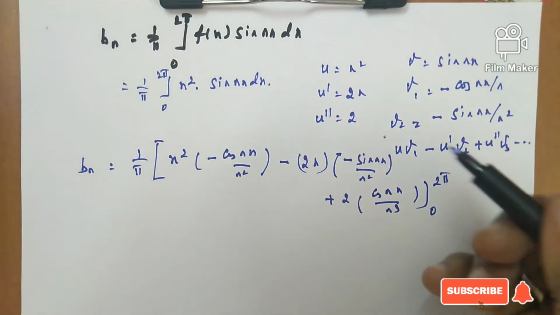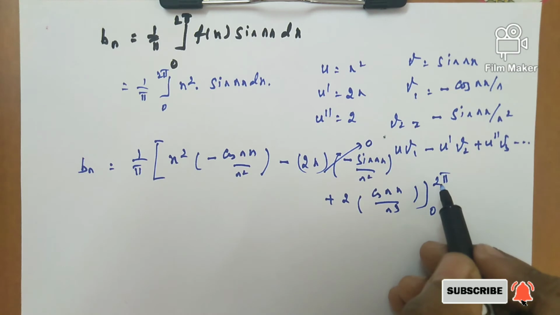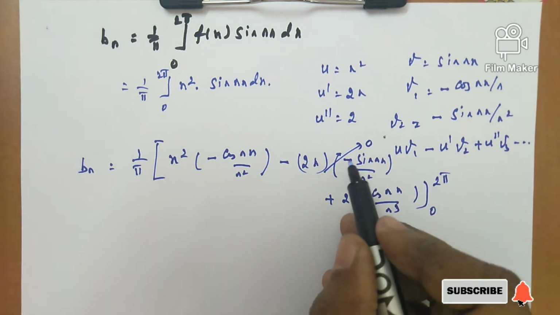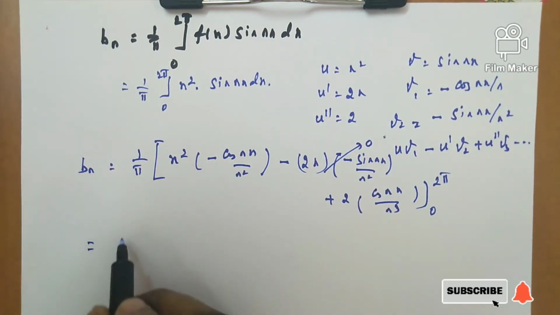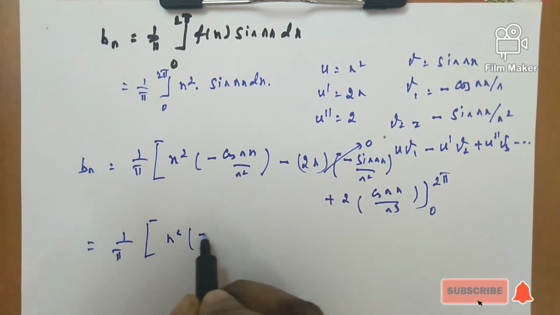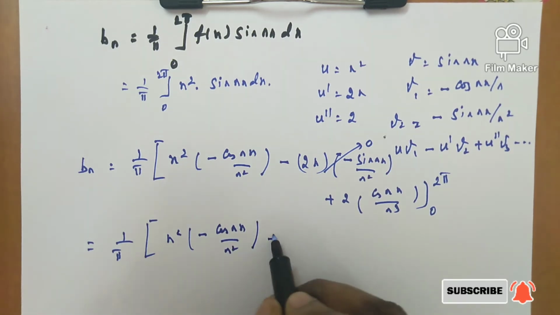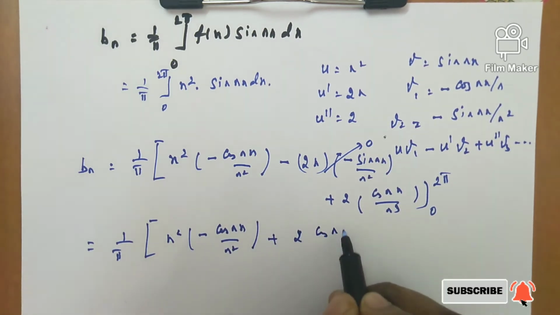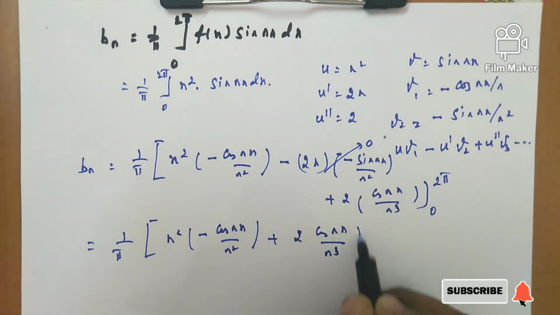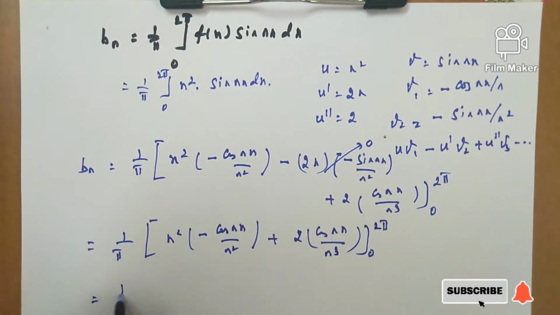So here also in the same manner, the sin term will become 0 because the upper limit is 2 pi and the lower limit is 0. In that case we can make it 0 before applying the limit. So write the remaining terms: x square into minus cos nx by n square, and here it is plus 2 cos nx by n cube with the limit 0 to 2 pi. Now we are going to apply the limit for x.